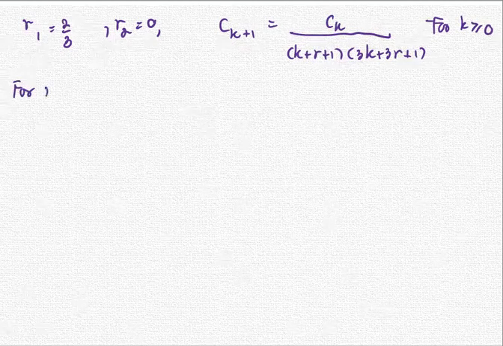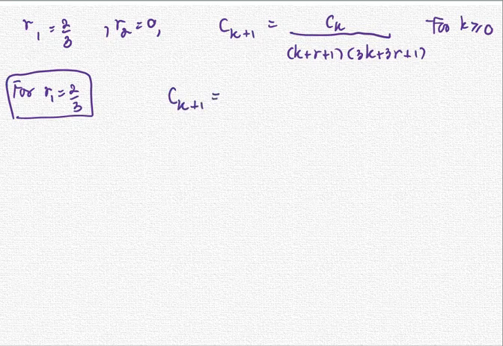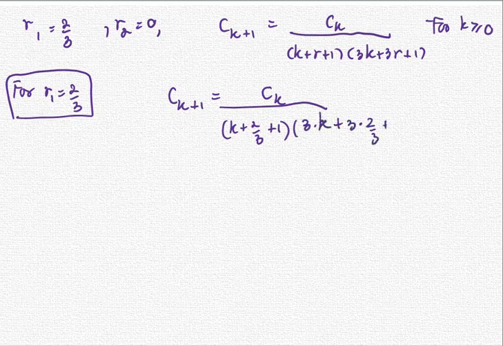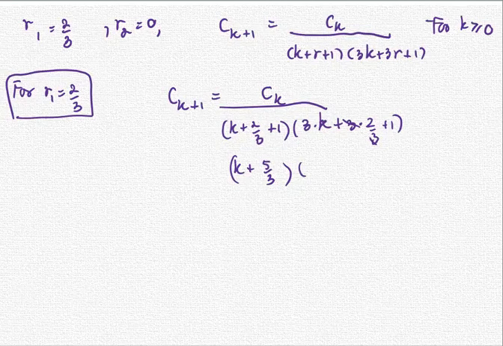So for r1 equals 2/3, the recurrence relation c_{k+1} is in the form of c_k divided by (k plus 2/3 plus 1) times (3k plus 3 times 2/3 plus 1). We see this as (k plus 5/3) multiplied by (3k plus 3).